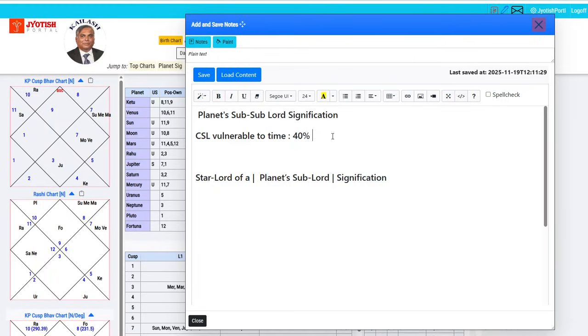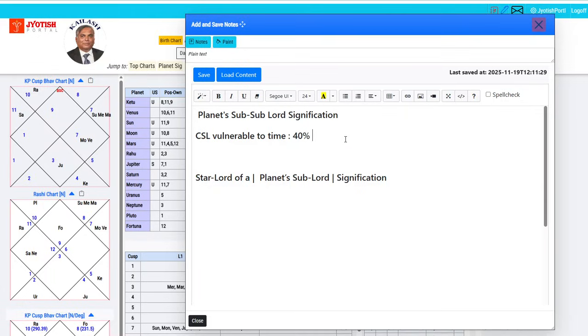So now if you are not making use of the cuspal sublord, you are only left with the planet's sublord. Suppose somebody is born today at 10 a.m., and at the same time, same place, somebody is born tomorrow.